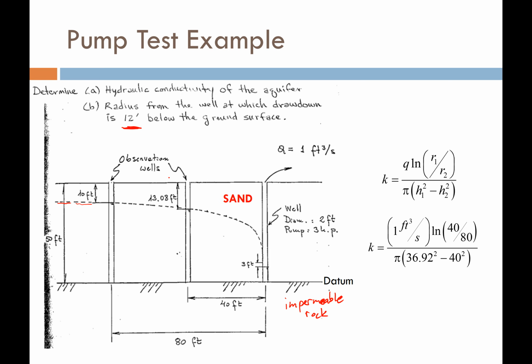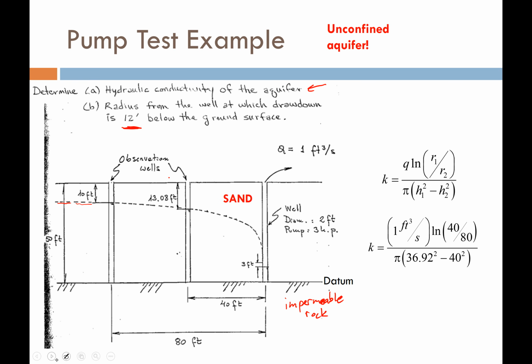In this particular instance, I just have uniform sand as my upper layer, and the water is not restricted whatsoever from coming into my pump well. So as a result, if you said unconfined aquifer, you are correct. This is an unconfined aquifer. Okay? So all we need to do to get part A is just plug and chug.